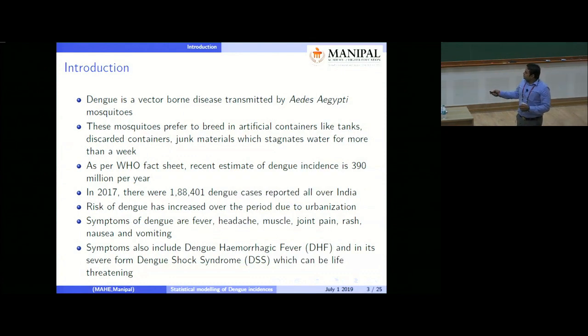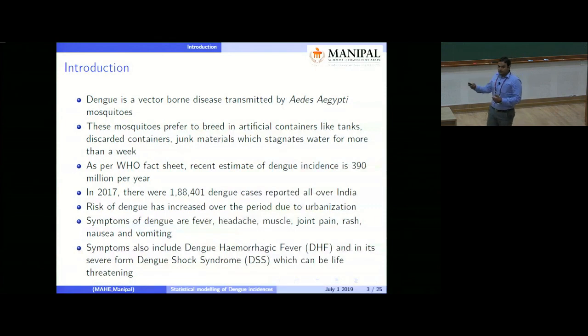The WHO fact sheet says that on average, globally there are around 390 million cases. In 2017, in India itself, there were around 188,000 dengue cases. The common symptoms of dengue are fever, headache, muscle pain, joint pain, rashes, nausea, and vomiting.